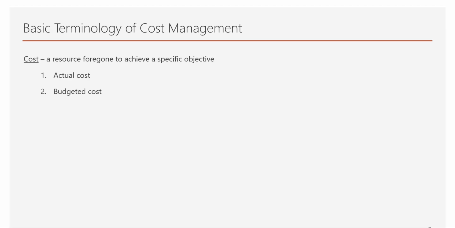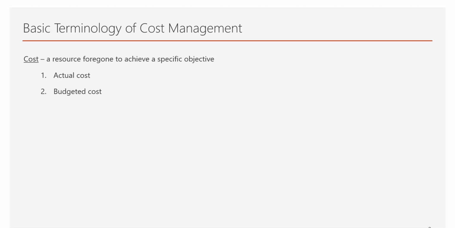A couple of costs we're going to talk about are an actual cost and a budgeted cost. An actual cost is a cost that we have already incurred, so we cannot go back and undo the purchase. A budgeted cost, on the other hand, is something that we're planning to forego to achieve a specific objective.